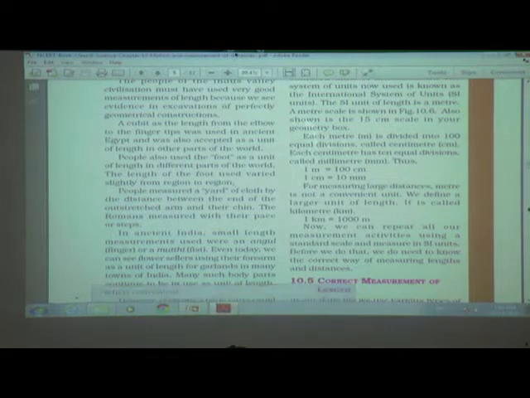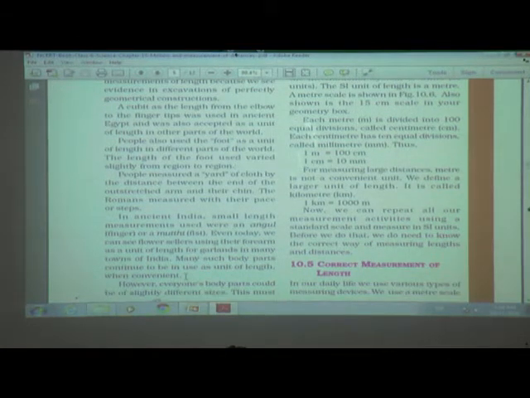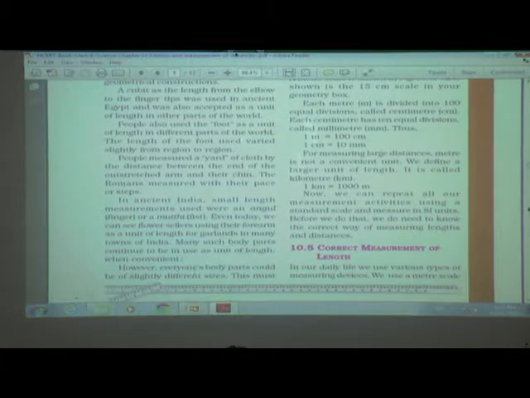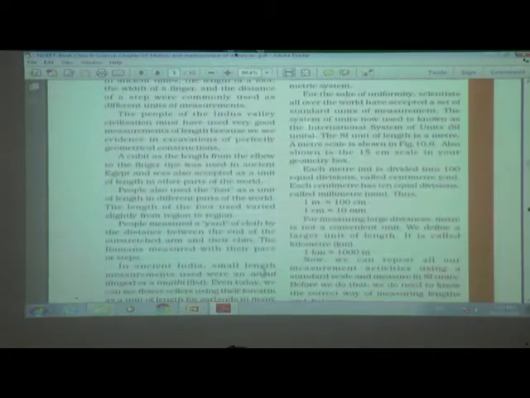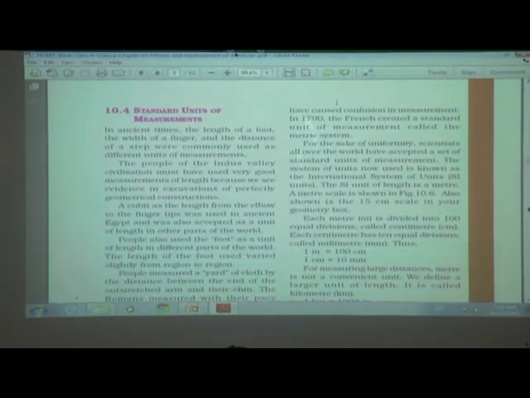Many such body parts continue to be in use as unit of length when convenient. So as per their convenience, they use such body parts for the measurement. However, everyone's body parts could be slightly different sizes. This must have caused confusion in measurement.